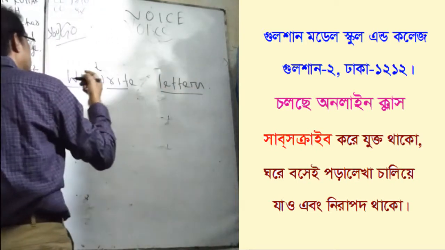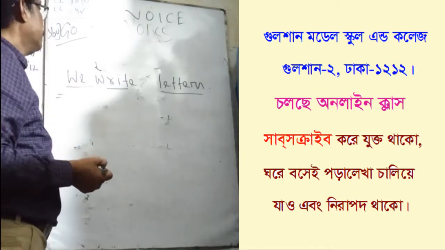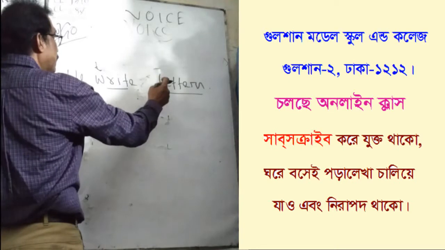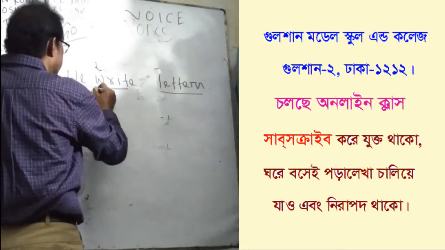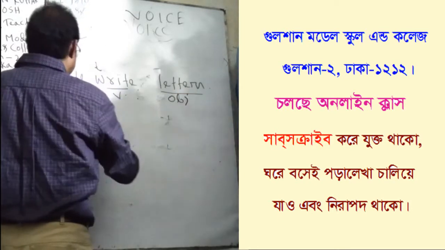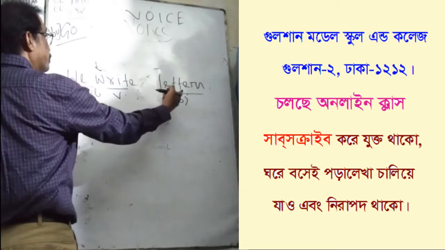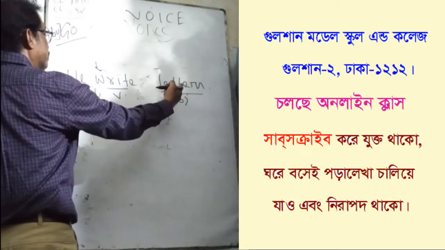Letters. When you change the active voice into passive, you have to make... here is the subject, this is the verb, and this is the object.